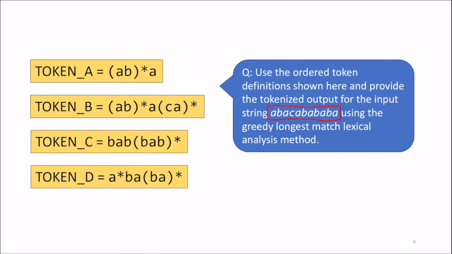Creating the NFA is optional. It's good practice, but if you can figure out the sequence of tokens that will happen for this input, that's enough to check whether you understood the material. Be careful that there may be at some point no matches available, right? In which case it should return an error.